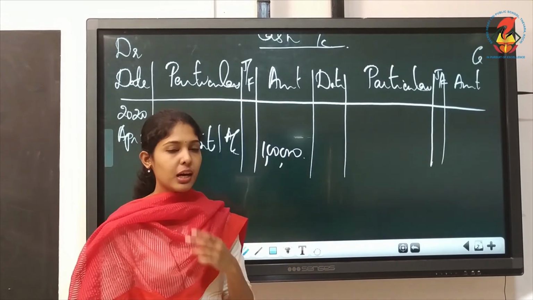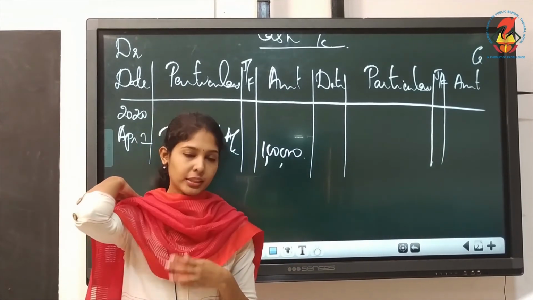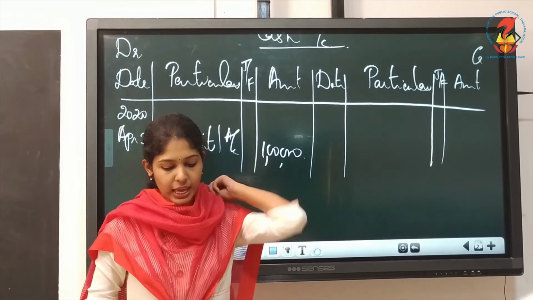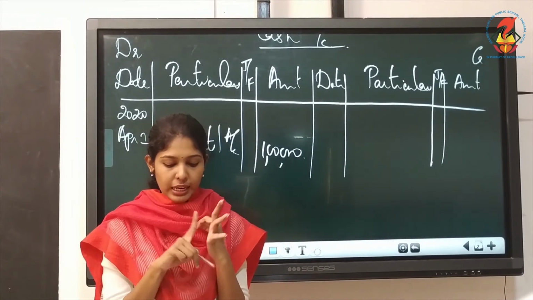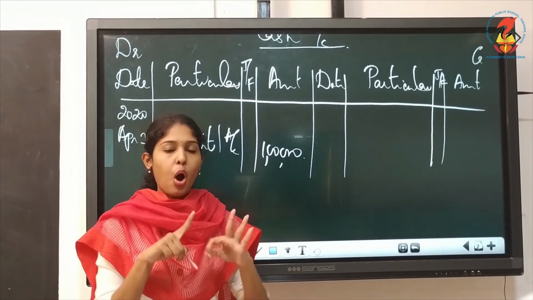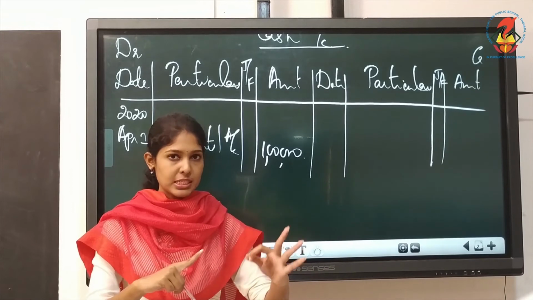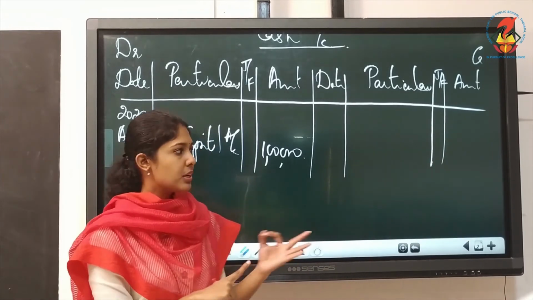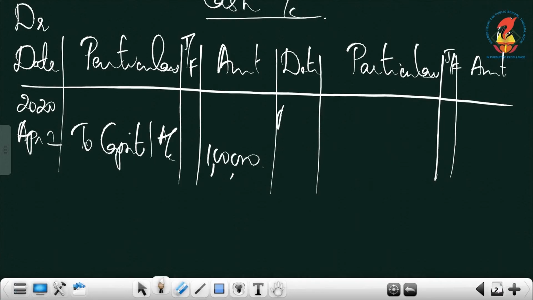And you must write the names of other accounts which are having opposite aspect. Here we have 3 accounts like purchases, input CGST, input SGST. All these 3 accounts are having opposite aspect. All these 3 are having debit aspect. So all these 3 must be written on the credit side of cash. It's on April 2nd.